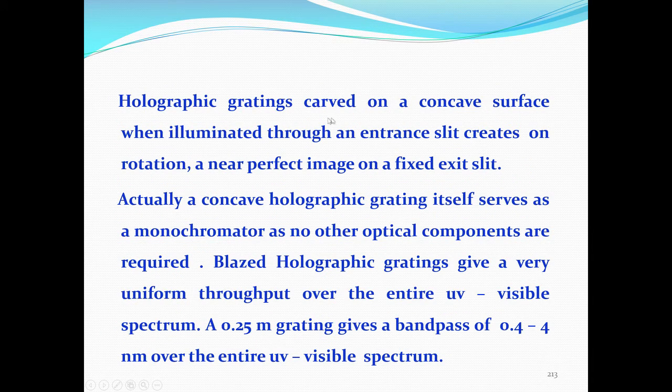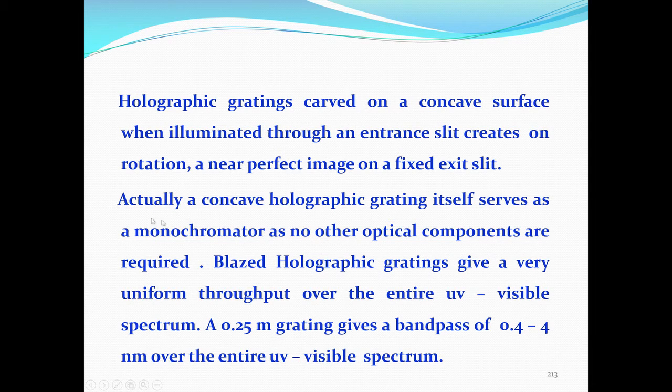A holographic grating carved on a concave surface, when illuminated through an entrance slit, creates a near perfect image on a fixed exit slit. So, whenever you need a grating, you need an entrance slit as well as an exit slit.